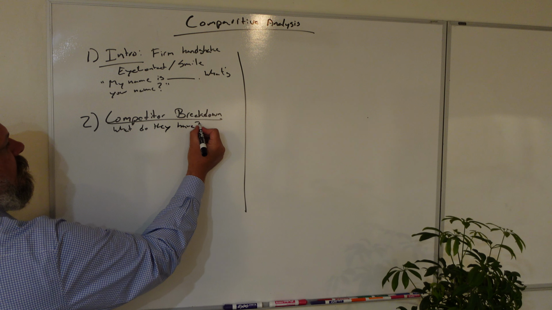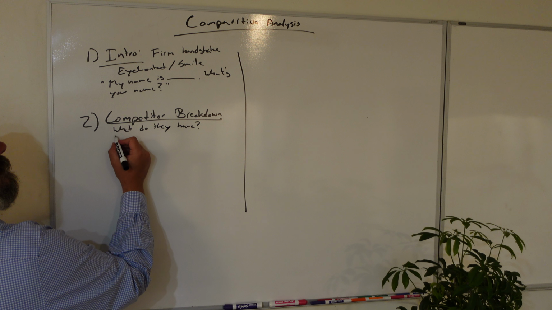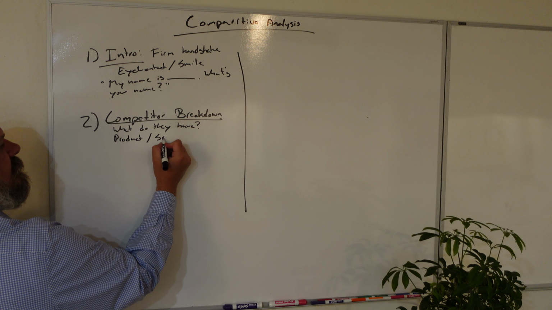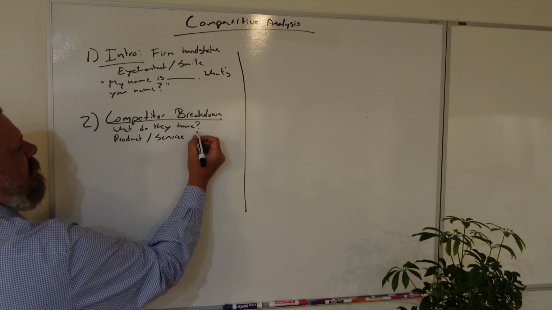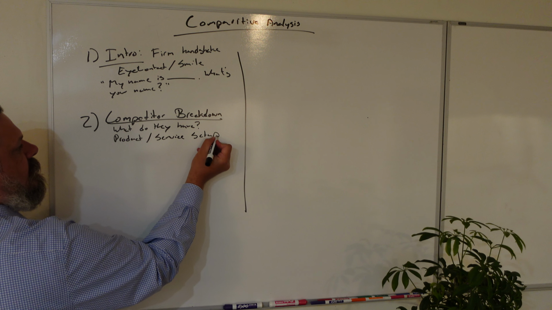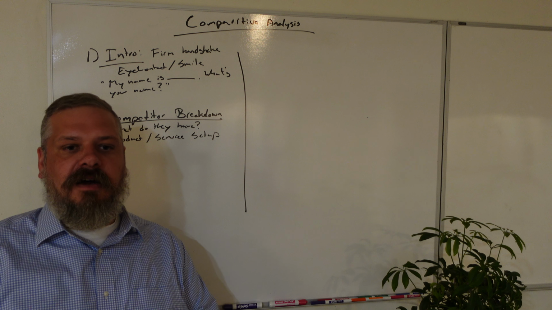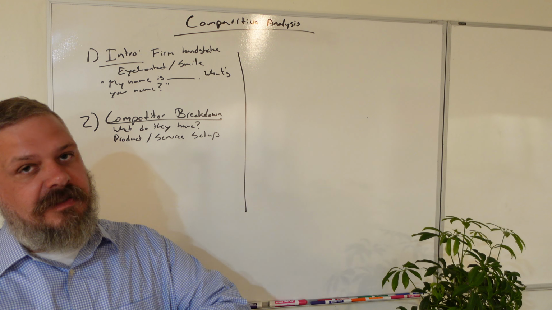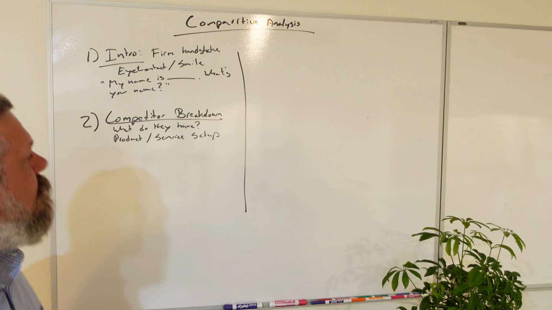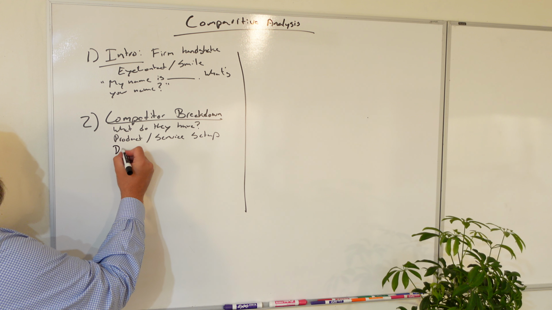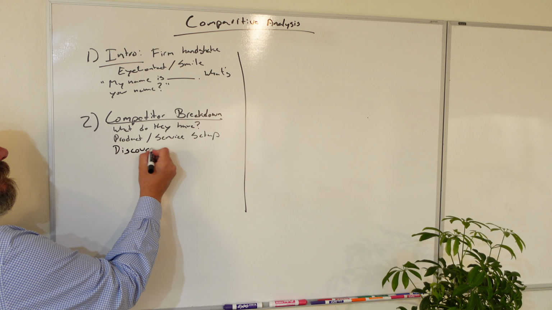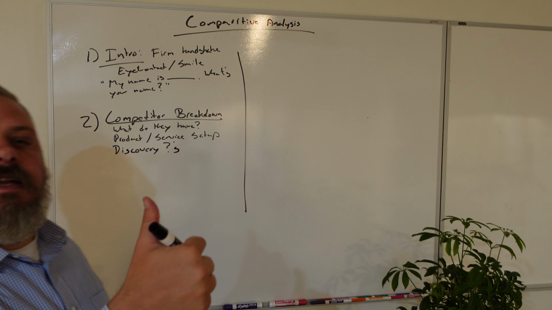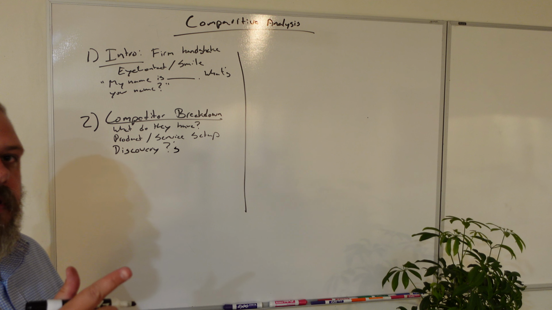All right, this is the product or service setup. All right, so this is your discovery question phase. I mean, really the discovery question phase is throughout the entire presentation, but this is a great time to start figuring out what are the customer's hot spots, what are their pain points, right?